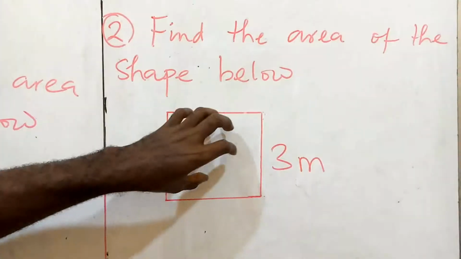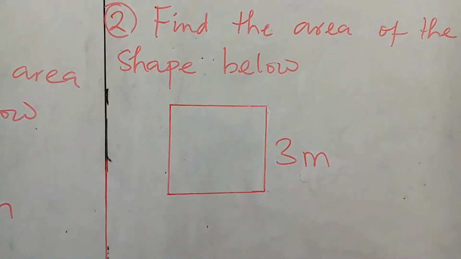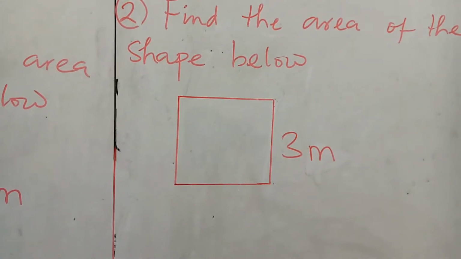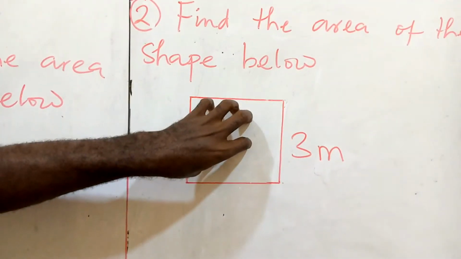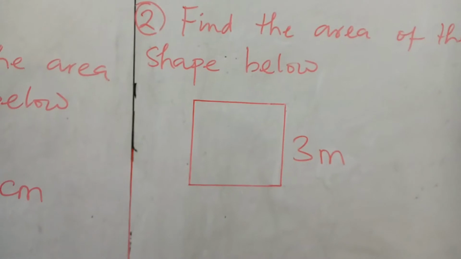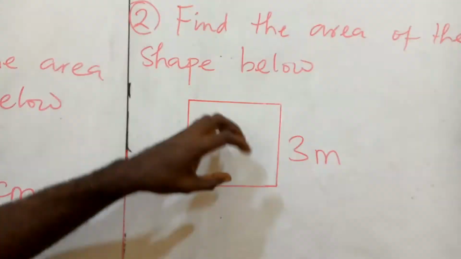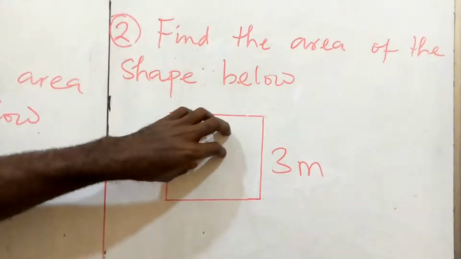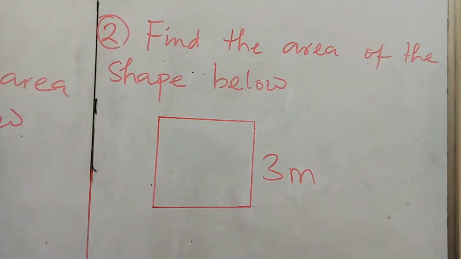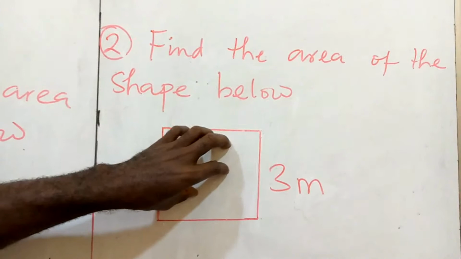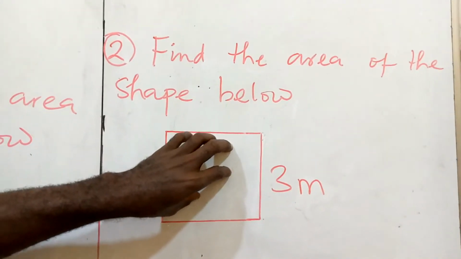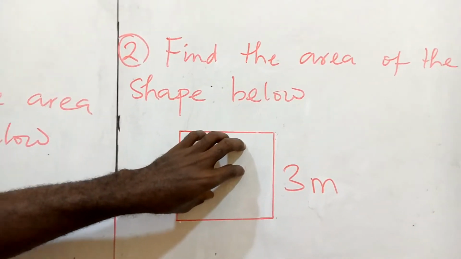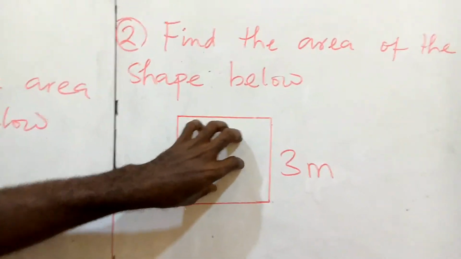You must identify the shape before you calculate, because it's when you identify the shape that you know the actual thing to do to get the answer. So what shape is this? I guess you are saying a square, sorry, not a rectangle. This is a square.